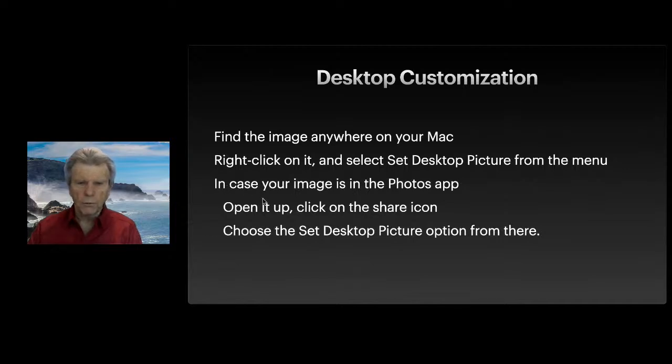If you're in Photos, you can also click on the share item after selecting a photo in Photos and choose set desktop picture in the drop down menu that comes from the share menu. And of course the share menu is a little square with an up arrow on the top of the square. So that is another way of doing it.